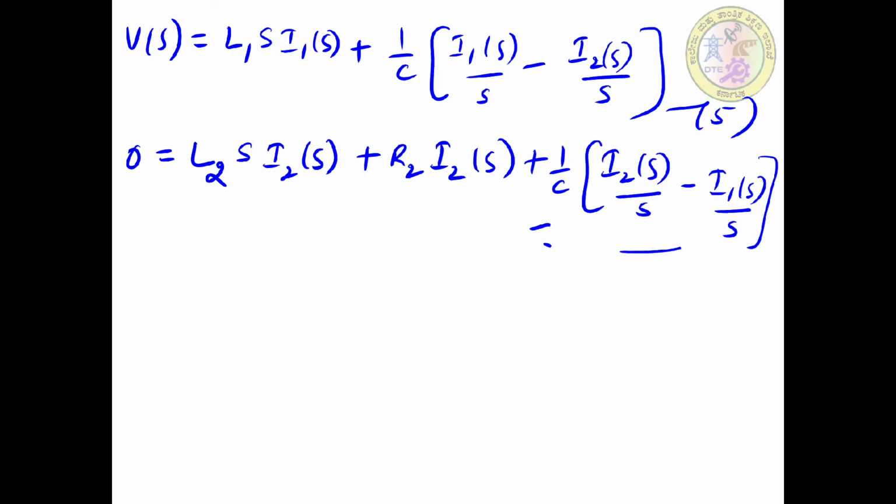This is equation 6. So 5 and 6 are the simplified equations. Now we can take ILT on these two equations.